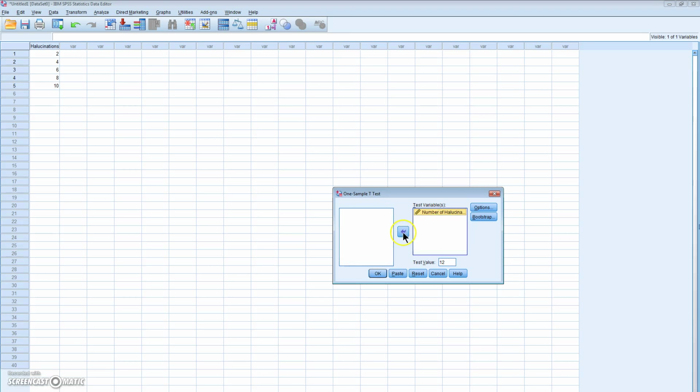You want to move it over to be your test variable. And right here is where you will put the known population mean. In our case, we know that the average number of hallucinations that schizophrenics experience when they're not on the drug is 12. So we put 12. And this is going to compare the sample mean to the known population mean. We click OK.